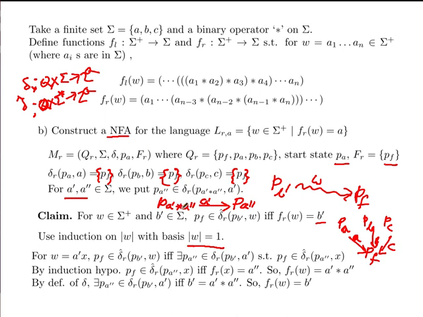Because this binary operator is some binary operator, not associative, not commutative. So A prime star A double prime here is some B prime, say.